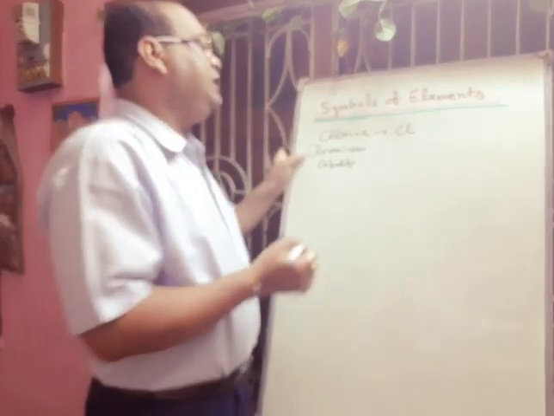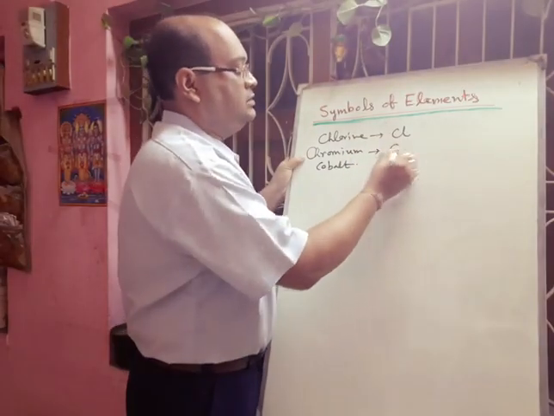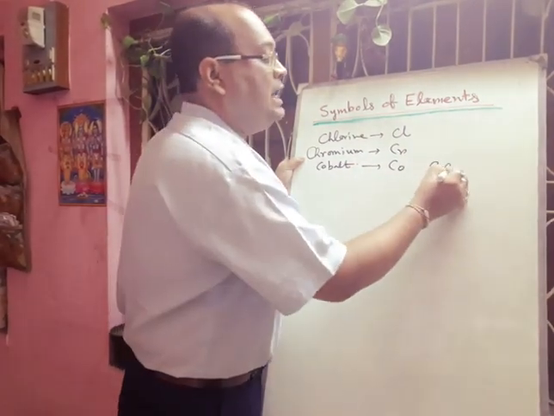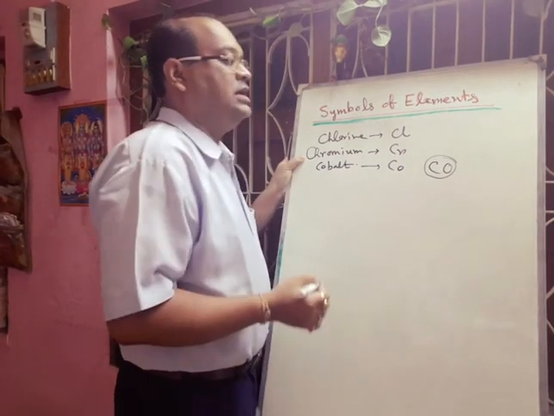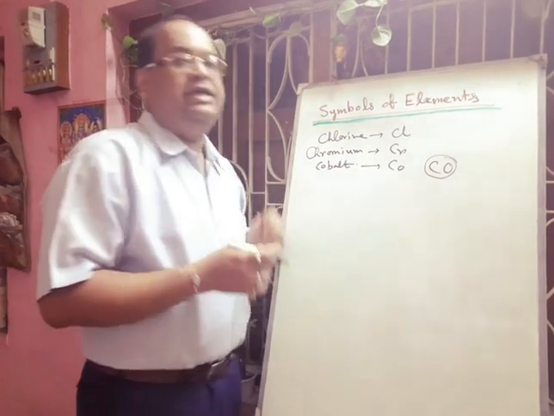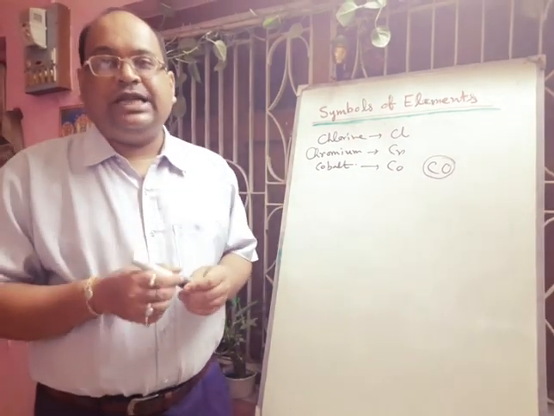Now in case of chromium, Cr, and in case of cobalt we represent it as Co. But don't write it like this, CO. It will represent the carbon monoxide molecule. Here this one is capital C and small o. This is representing cobalt. Hope you can understand.